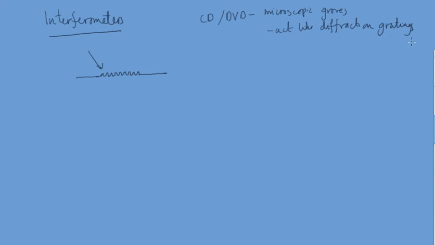Now let's look at an example on how to do some maths with our equation for diffraction. A grating is placed in front of a laser emitting light with a wavelength of lambda equal to 635 nanometers.